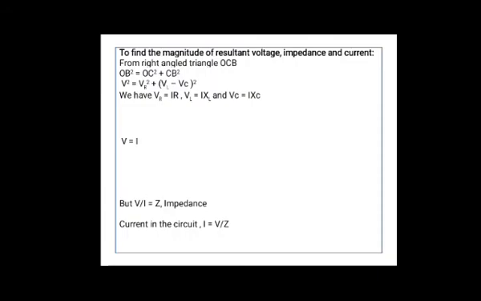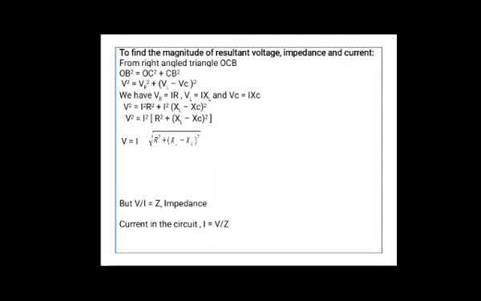VL is equal to I into XL and VC is equal to I into XC. Substituting these, V square is equal to I square R square plus I square times XL minus XC whole square. Taking I square common, V square is equal to I square into the bracket R square plus XL minus XC whole square.